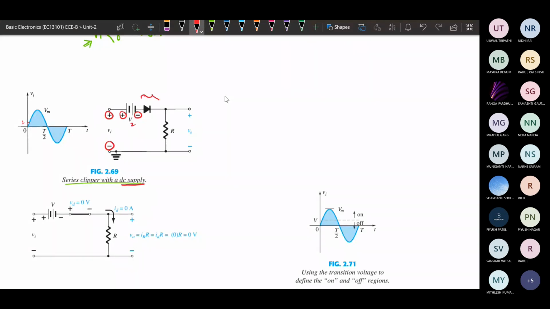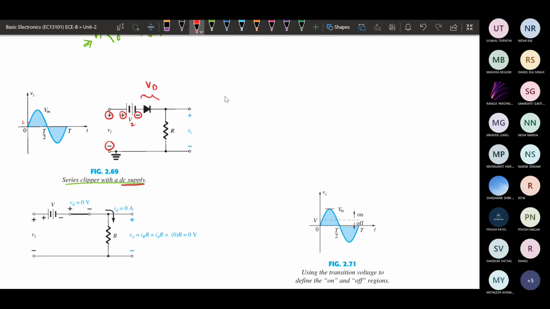If we consider from here, suppose we need to find out the VD value. Suppose this diode is on and there is a VD voltage drop across it. Using this we can see what the KVL is.